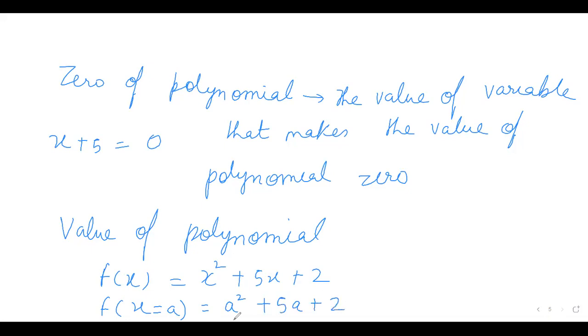So you can see the value of the polynomial at x is equal to a is a square plus 5a plus 2. Yes, ma'am. Okay, so whatever value is given, you have to substitute in place of the variable. Once you substitute that value, you will get the value of the whole polynomial.